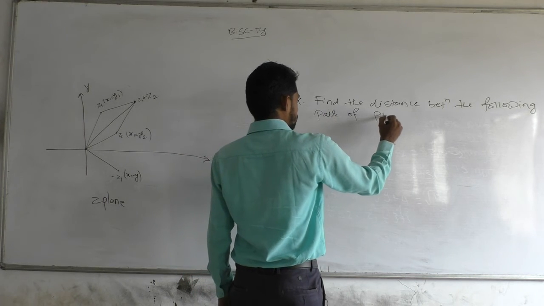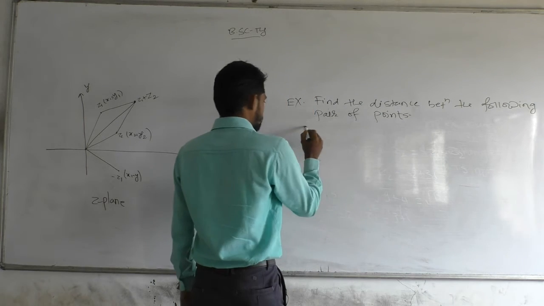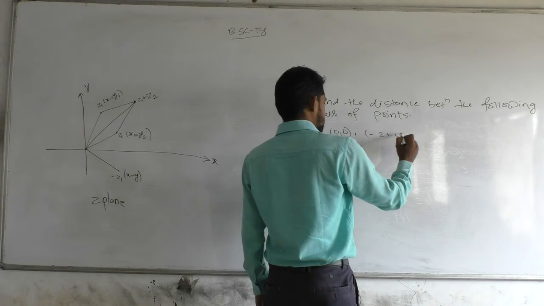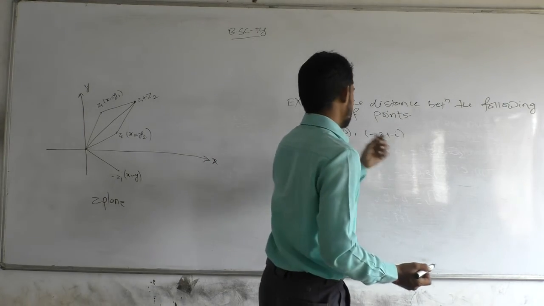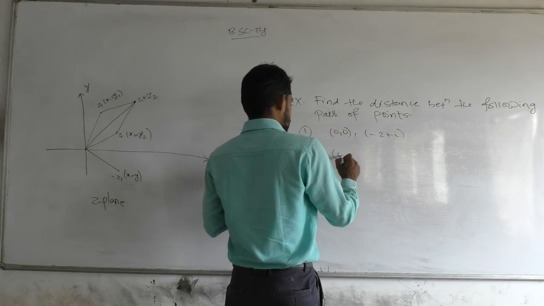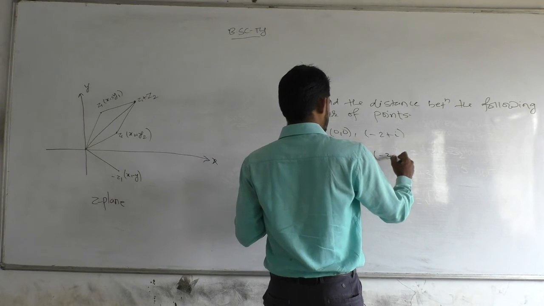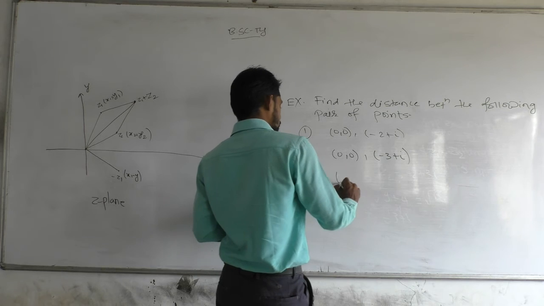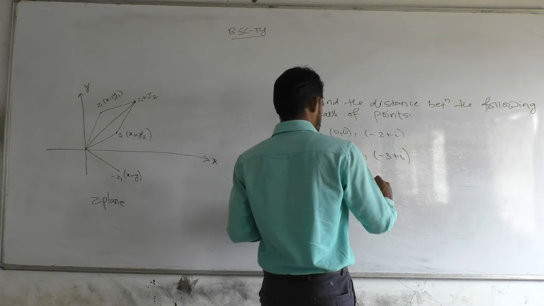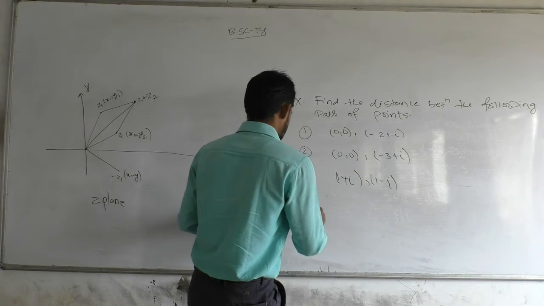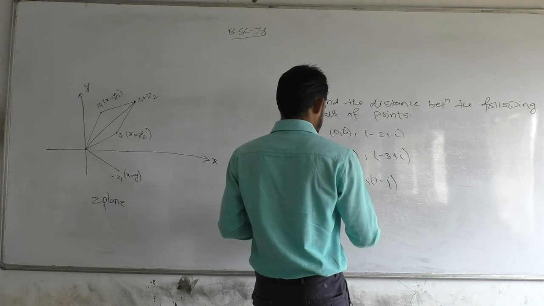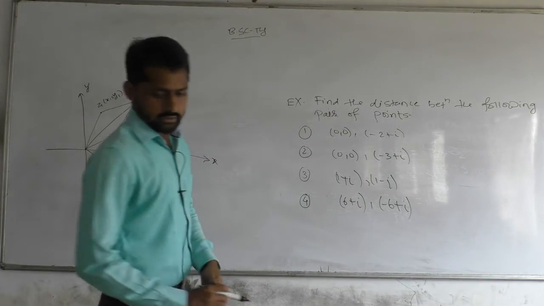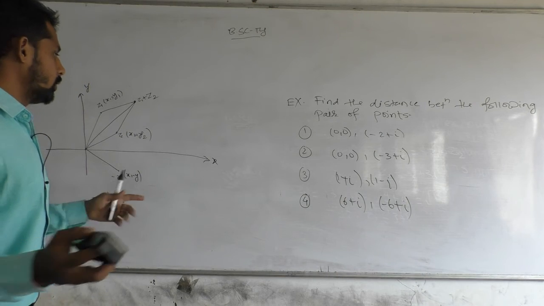First, 0, 0, comma minus 2 plus I, that is origin and minus 2 plus I. Second, 0, 0, comma minus 3 plus I, that is origin and this point. Third, 1 plus I, comma 1 minus I. Fourth, 6 plus I, minus 6 plus I. So we have to find the distance between these four pairs of points.